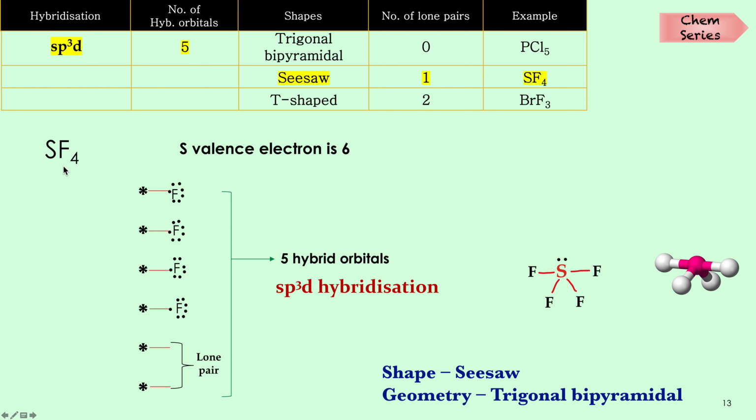So 4 valence electrons of sulfur will be used by the fluorine atoms to get bonded. So there will be 2 valence electrons left out by the sulfur as a lone pair. So there are totally 5 hybrid orbitals, sp3d hybridization, and the shape will be seesaw because of one lone pair, and the geometry will be trigonal bipyramidal.